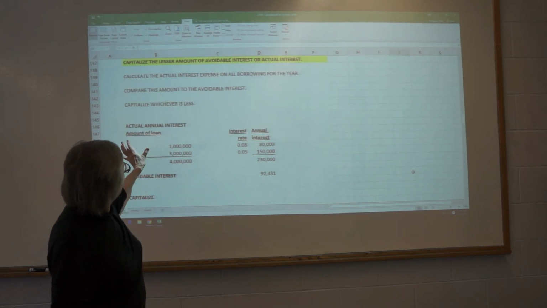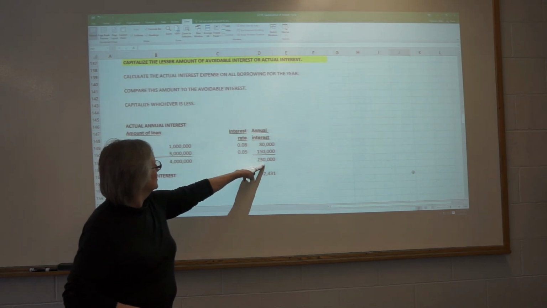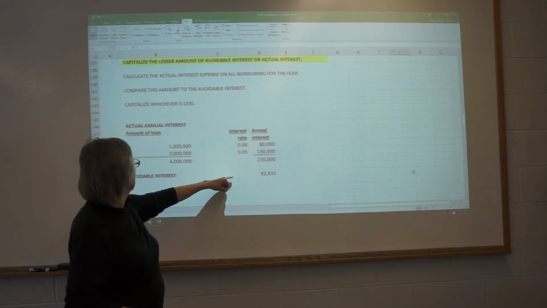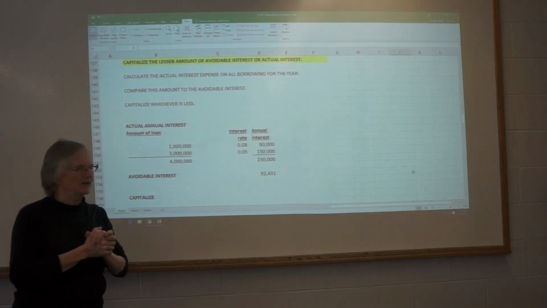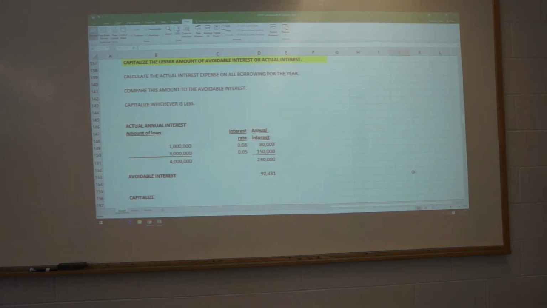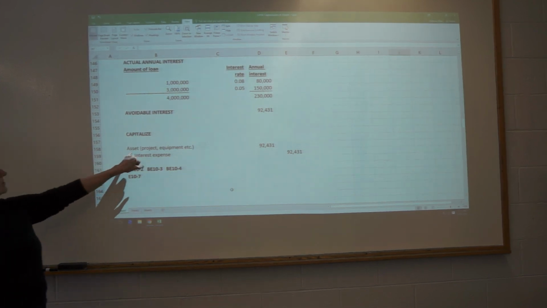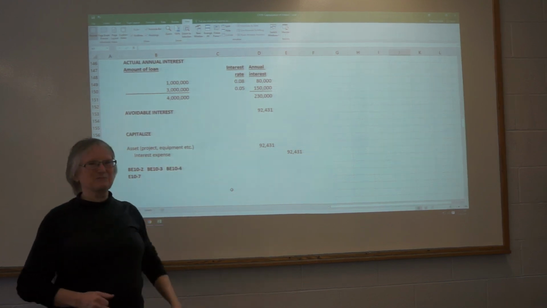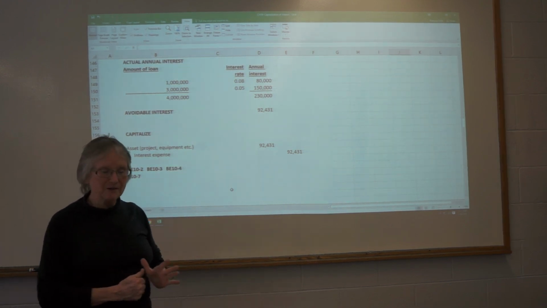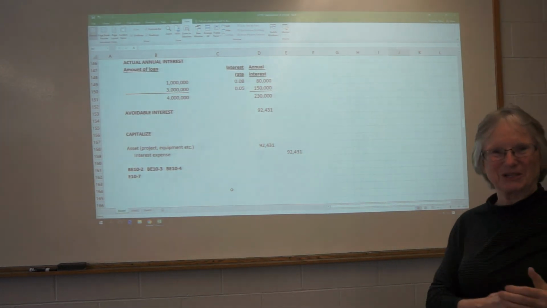So you calculate your total interest costs for the year on all your financing, and if your avoidable interest is less, that's what gets capitalized. When we say capitalize, we mean to add it on to the cost of the asset, whatever it is, and then we reduce the interest expense. Okay, so I'm going to work through an exercise on this, and hopefully some of what I just said will start to make sense.